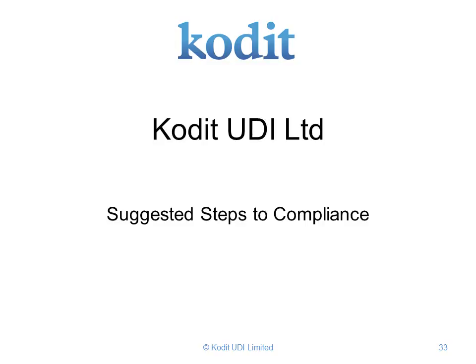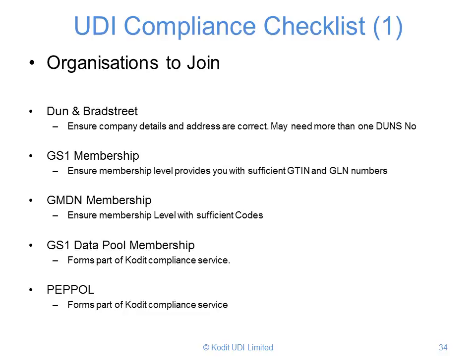Having helped many companies go through UDI compliance, what I'd like to do now is just cover some suggested very, very brief steps that you should be looking at as you start your UDI compliance projects over the coming weeks and months. So the first things to do for compliance is to join the relevant organizations.